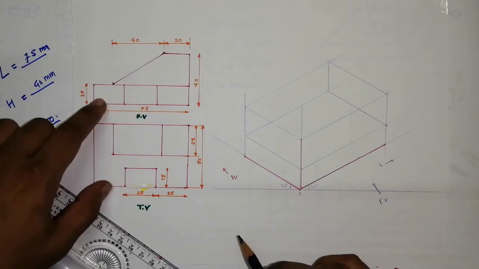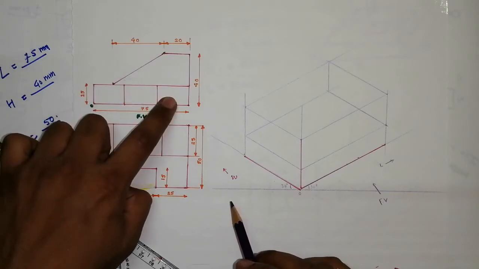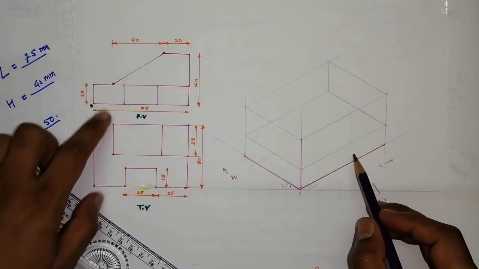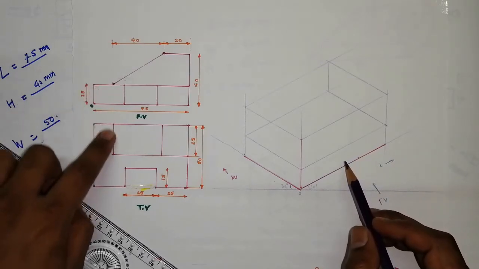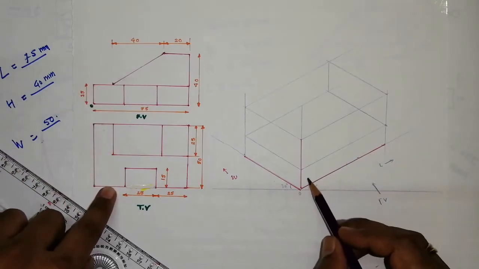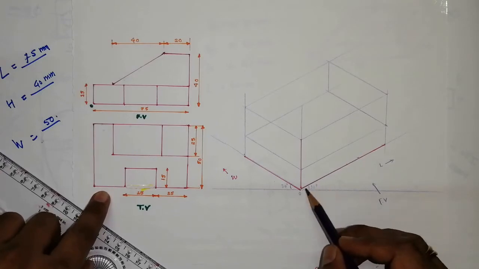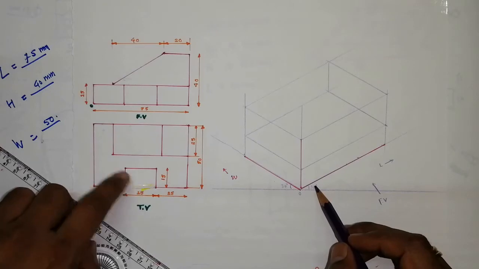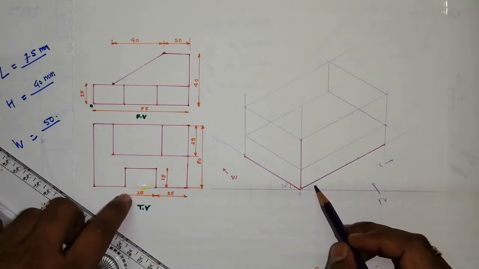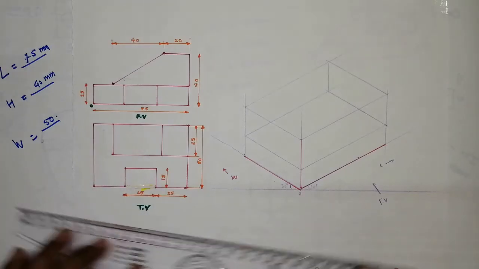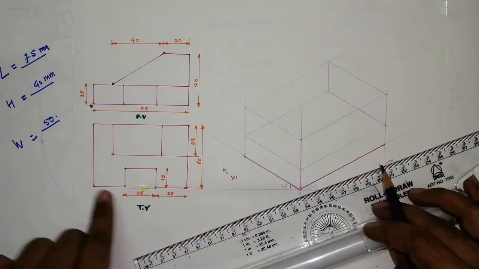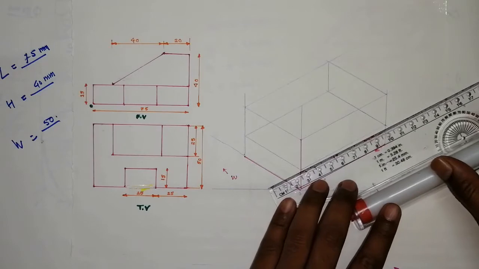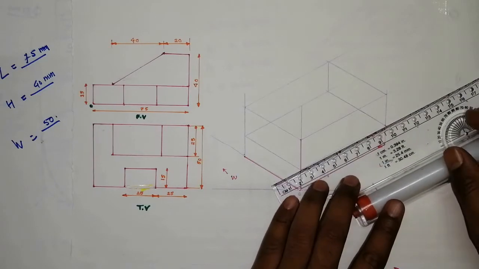Now in the front view we get three rectangles. The first rectangle, if you take its projection, is on the boundary line, but the middle rectangle has a rectangular cutout of 25 by 15. So we will construct that cutout first.